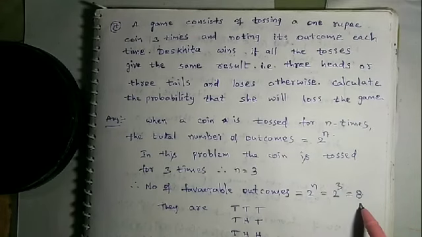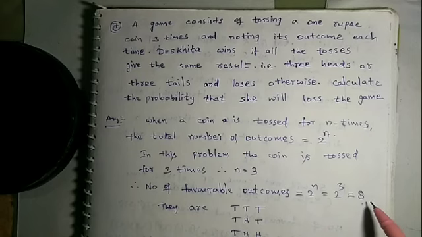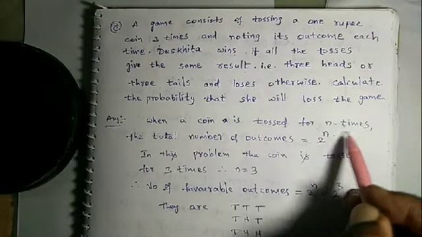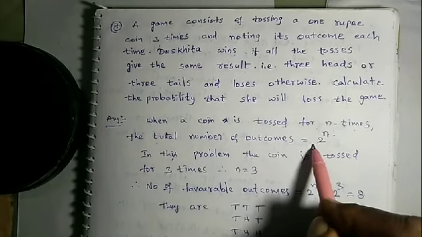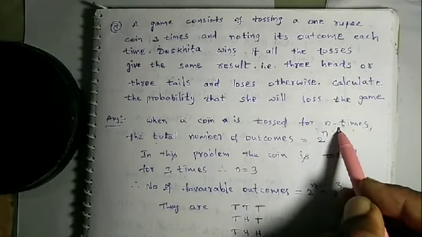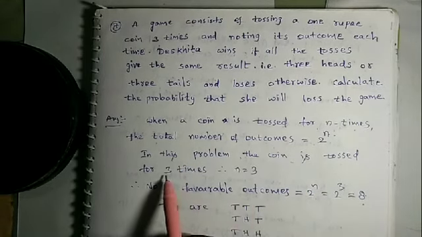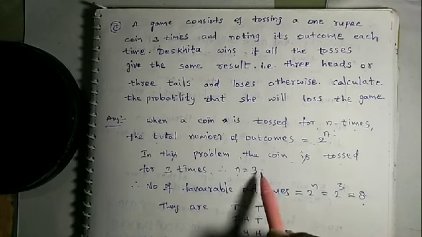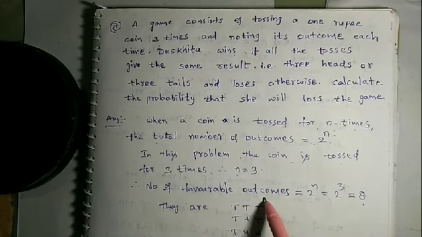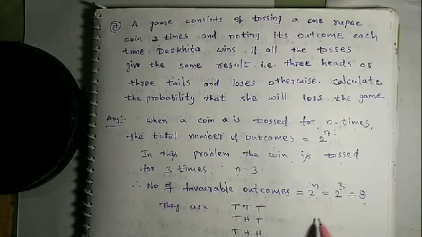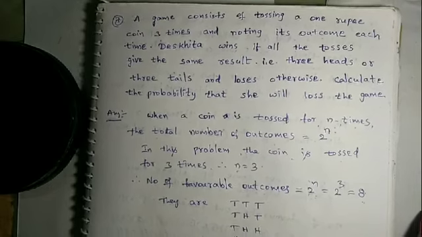So there are 8 possible outcomes. When a coin is tossed n times, the total number of outcomes is 2 to the power of n. This is the general formula. In this problem, the coin is tossed 3 times, so n is equal to 3. 2 to the power of 3 is equal to 8.